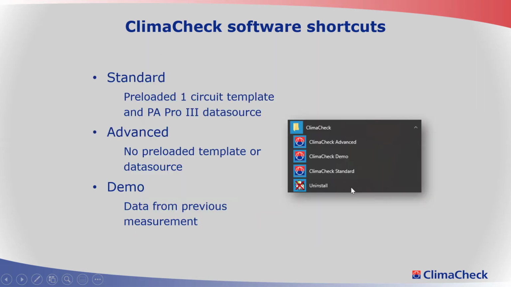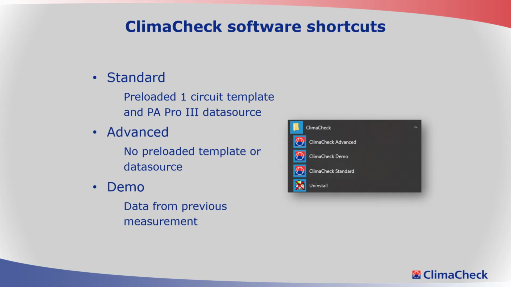When you install the ClimaCheck software, you will have 3 different shortcuts to open the software. Now we have the ClimaCheck standard, and in this one, the software preloads the 1-circuit template and the data source for the ClimaCheck on-site hardware, the PA Pro 3.